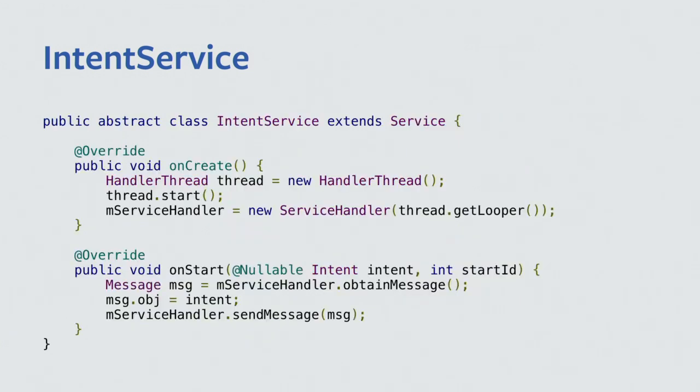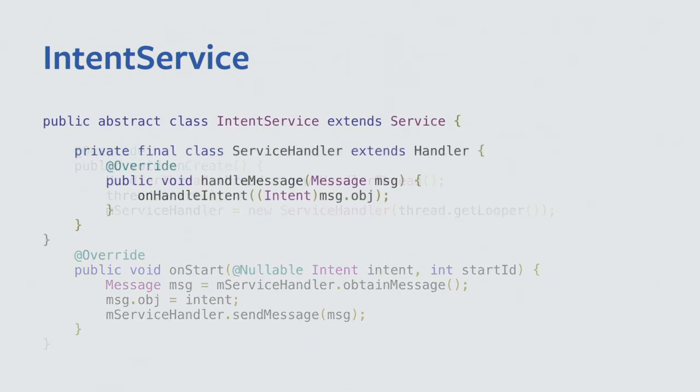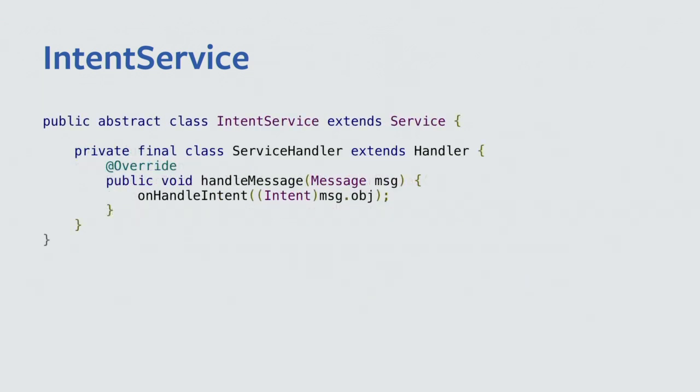And the code for this, if you look at intent service, is basically this. It's like 6 lines of code. Whenever you get an intent, it adds it to the queue, and then when it handles it, it just calls your on-handle intent implementation.